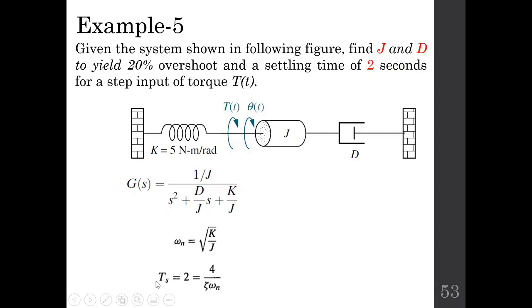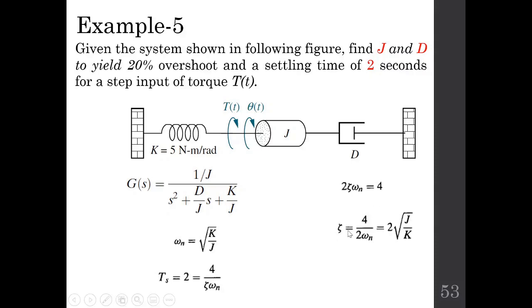We know that the 2% settling time equals 2 seconds, which is further equal to 4 upon zeta omega n. Similarly, by comparing this equation and doing some transformation, we can put 2 zeta omega n equals 4.